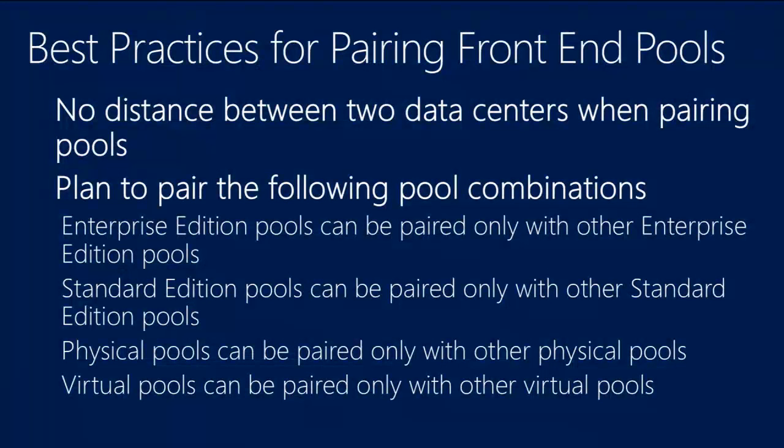We've got some best practices here about pairing front-end pools. We don't want to see paired pools in a data center that are not side by side, where essentially we've got pools that are paired together and somebody's decided to put one very far away.